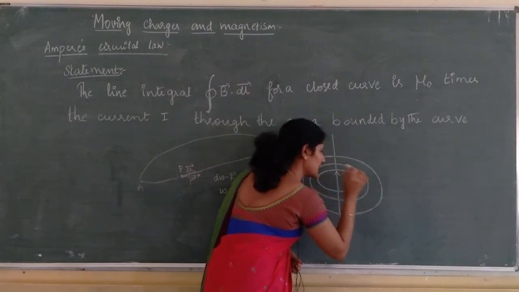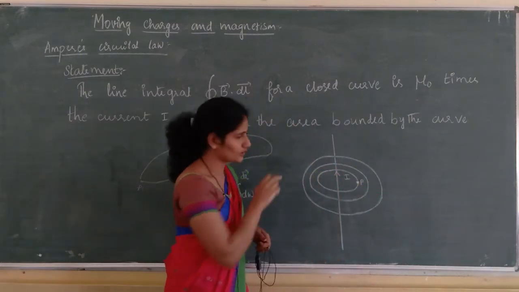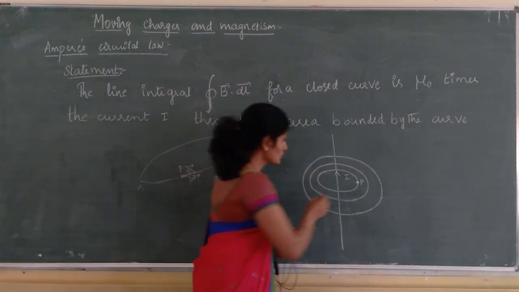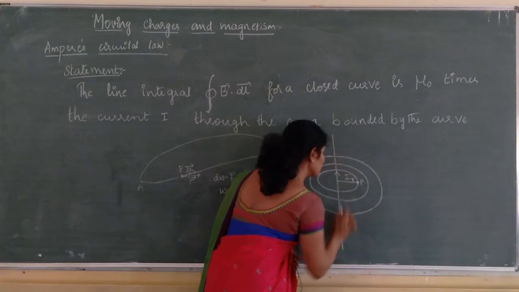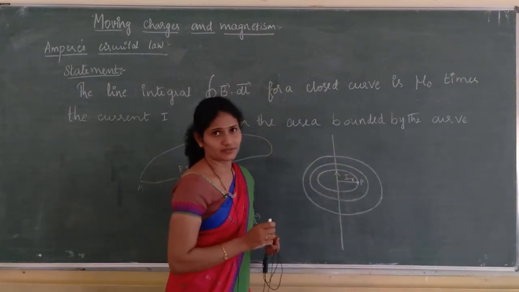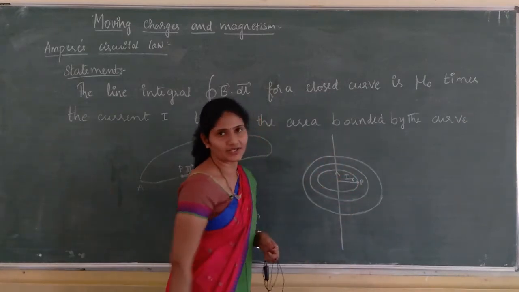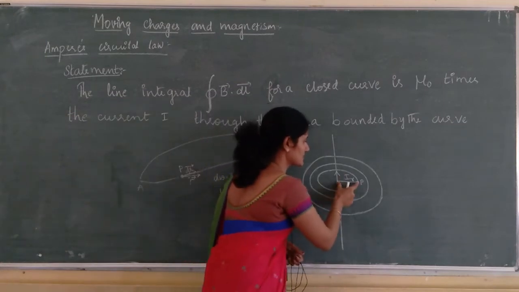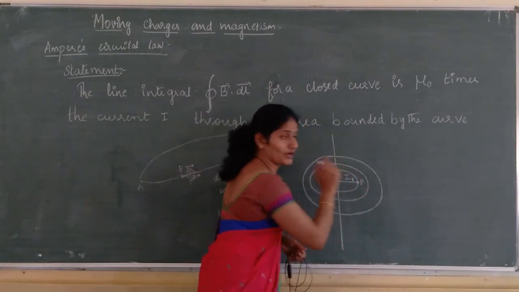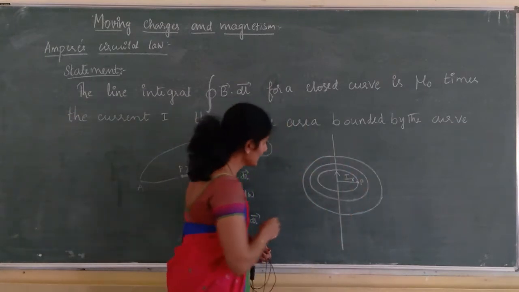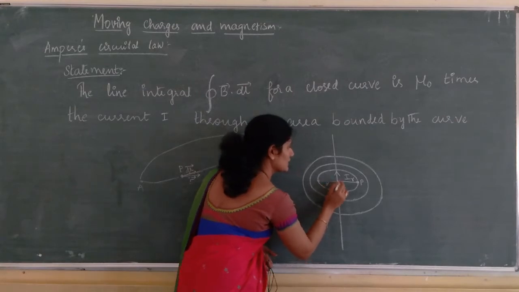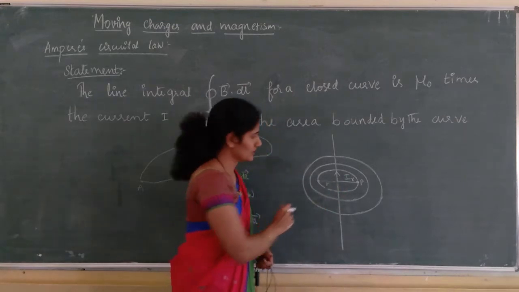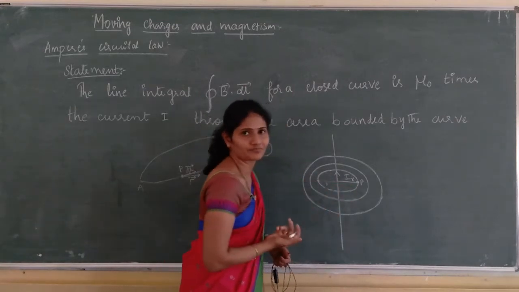I will consider a point P on the curve. This point P is at a distance r from the conductor, or from the axis of the conductor. So, r is the distance between the conductor and the point P. If I consider a point P here, then this is the distance from the conductor to the point P. Both are equal.